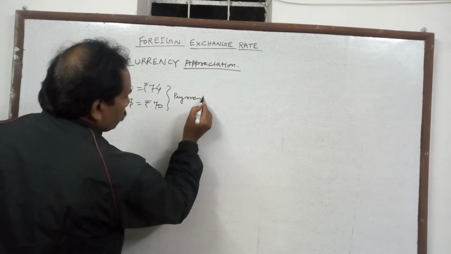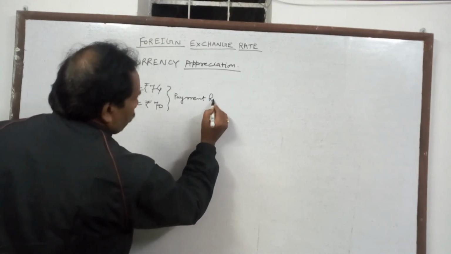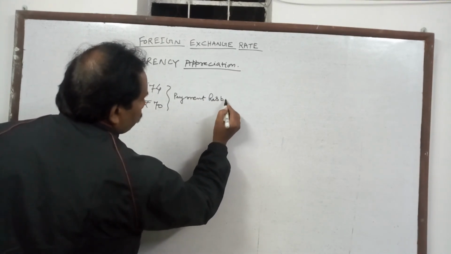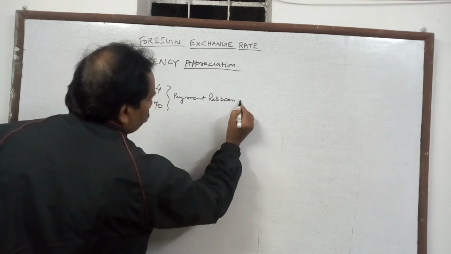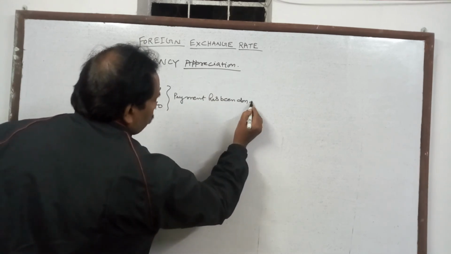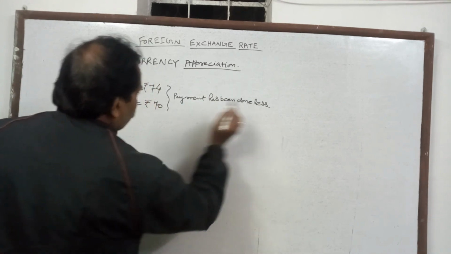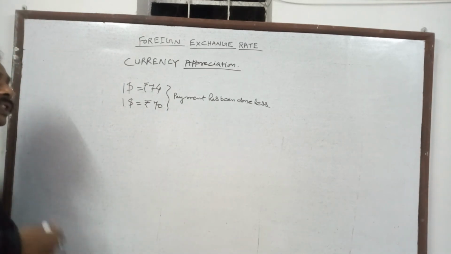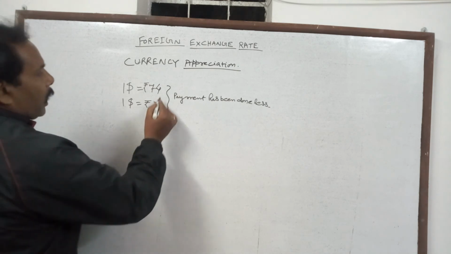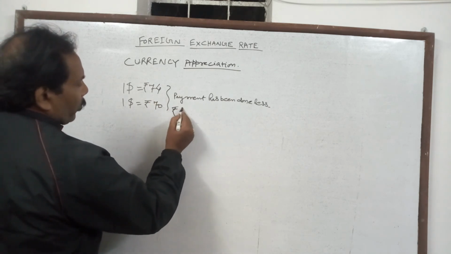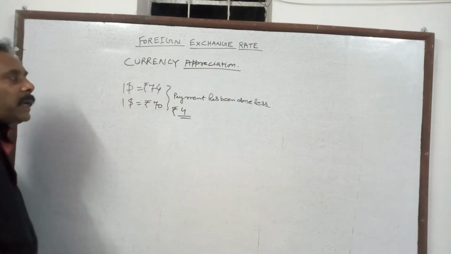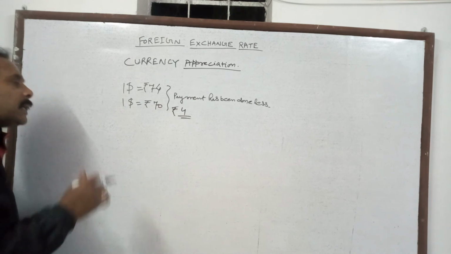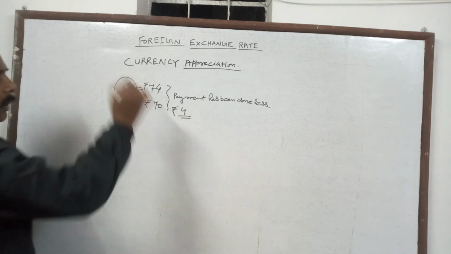Payment has been done less. So it indicates that the domestic currency value has increased up to rupees 4. Okay, because we are paying 4 rupees less for the same dollar.